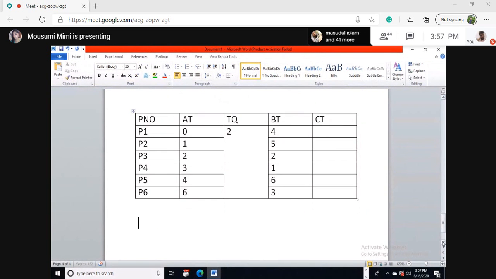So at first I place process 1. Burst time is 4. So after 2 seconds, 4 minus 2 equals 2. 2 work will remain for process 1.